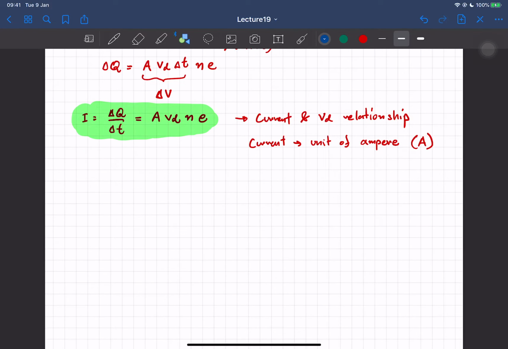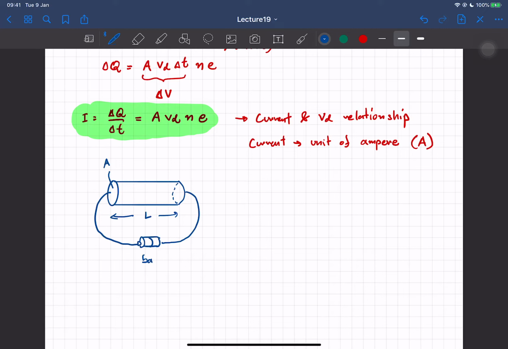So what we do is we take, again, a piece of metal rod, looks like this, and let's say the cross section area is A, the length of this material is L, and then we connect this thing to a battery, like this.